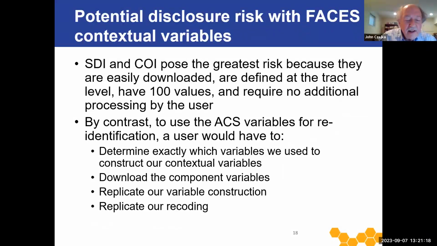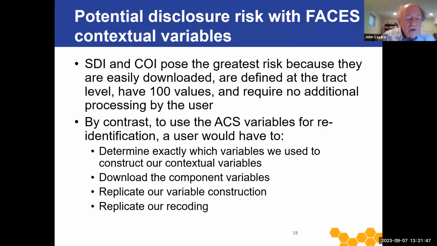Even with these detailed indices, there will be multiple tracts with the same combination of values, probably more than 10 on average. By contrast, to use the American Community Survey variables, for which we include 24 for re-identification, a user would have to work through several steps. First, the user would have to determine exactly which variables we use to construct our contextual variables.